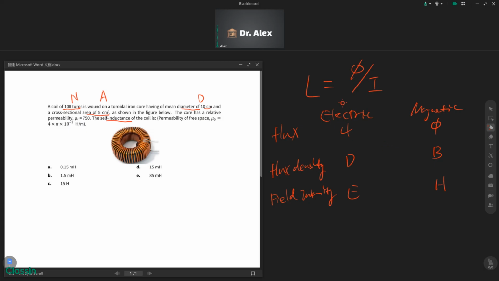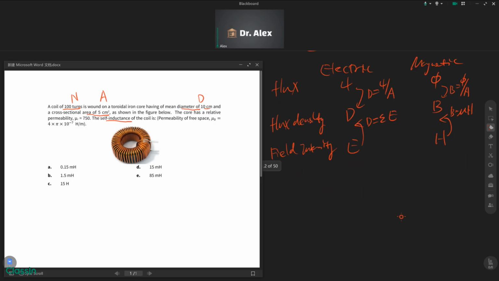The relationships between those things is D equals psi divided by A. A is the cross-section area. B equals phi divided by A, and D also equals permittivity times E, and B equals permeability times H. Remember all these things, it will be very helpful to you in the future.